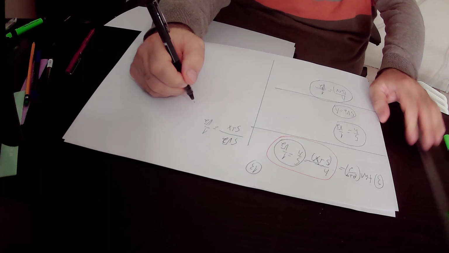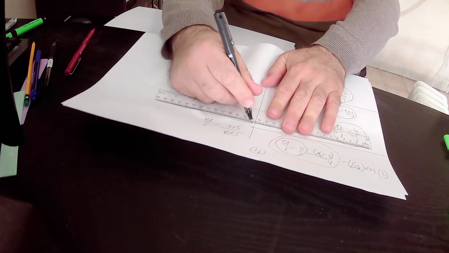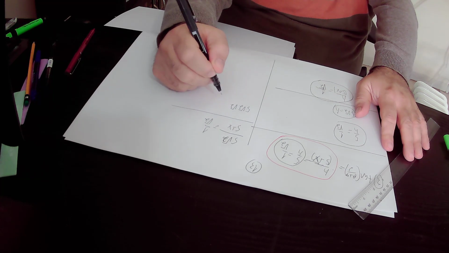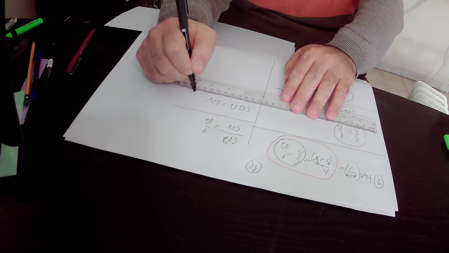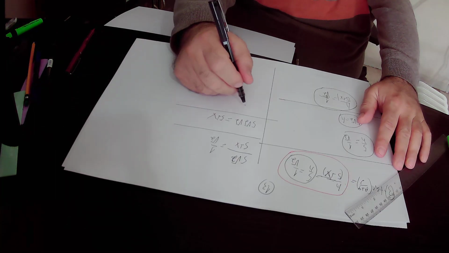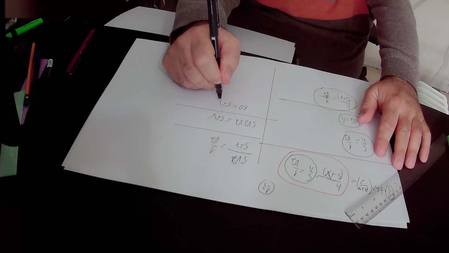Here we'll cross multiply this equation and we'll get that 5 times square root of 2 times square root of 2 equals 5 plus x. Square root of 2 times square root of 2 is 2 and 2 times 5 is 10. We found out that 10 equals 5 plus x.